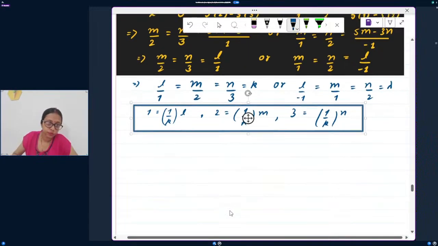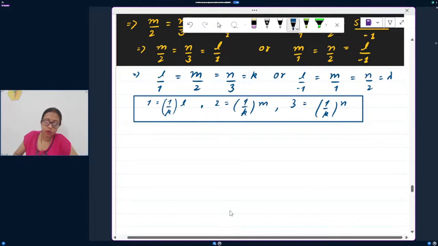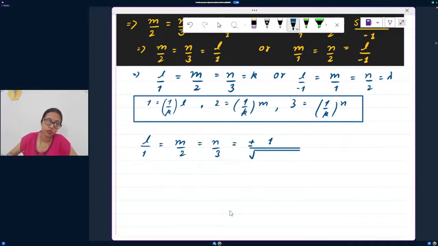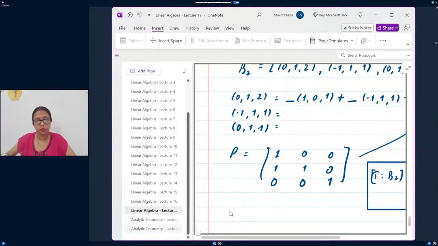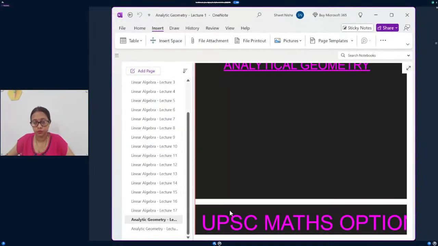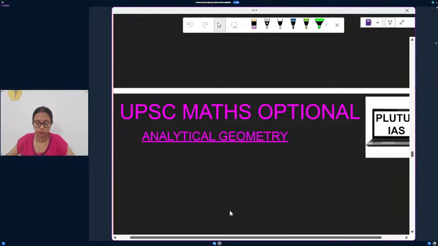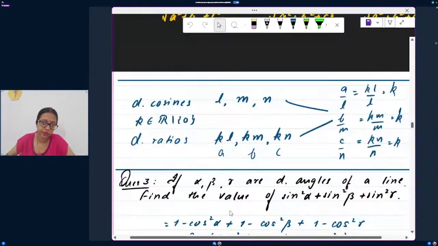Simple. How? This l by 1, m by 2, n by 3 is equal to plus minus 1 divided by, what is that constant? The constant we have calculated in general, right here.